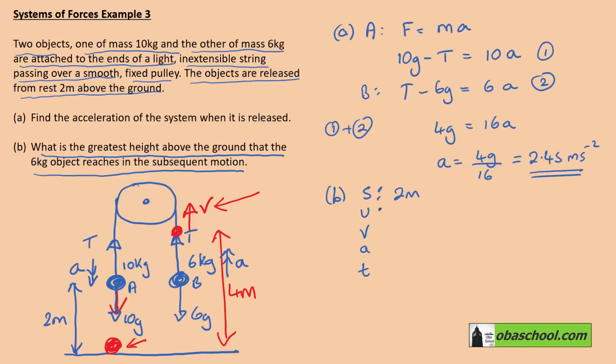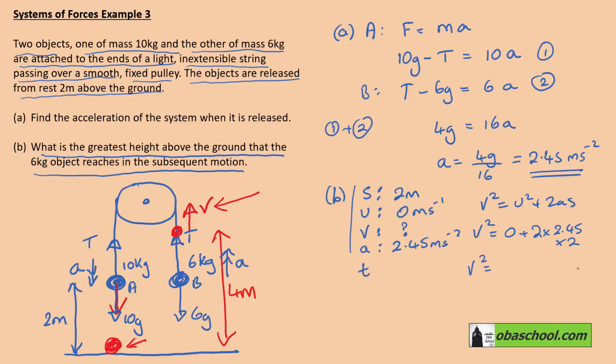We know it was released from rest, and therefore u is 0 meters per second. v is what we really want to find, and we know the acceleration is 2.45 meters per second squared. These quantities are linked by v squared is u squared plus 2as. Therefore, v squared is 0 plus 2 times 2.45 times 2.